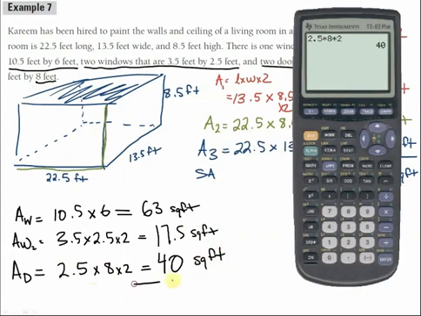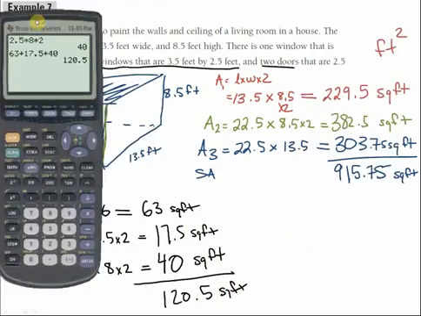Now, we're going to total up these subtracting areas. So we got 63 plus 17.5 plus 40. That gives us 120.5 square feet to take away from the previous total here. So we have our 915, and we're going to subtract our 120.5 to figure out what he's going to get paid for painting.